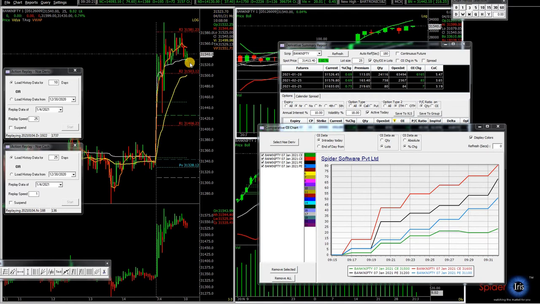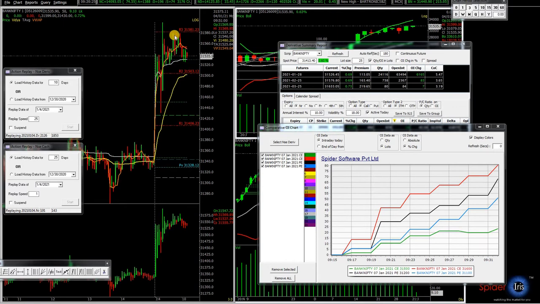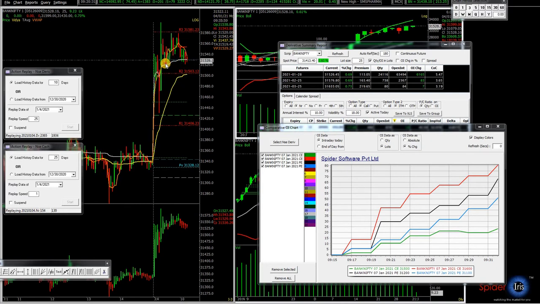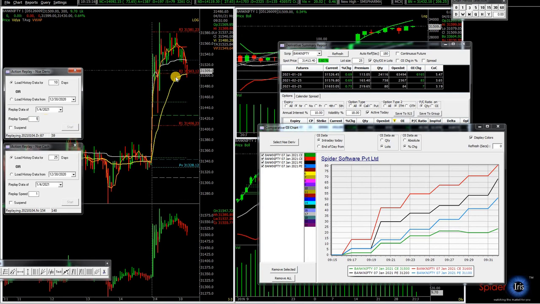The structure is that it tried to make one higher high, and again it got selling pressure. It made a new low, formed after 9:30, and we need to understand the structure from here. After breaking the new low, we need to understand how the candles are forming. The price is slowly confirming that it has failed to make a higher high structure. Once it has made the new low, some weakness is confirmed.